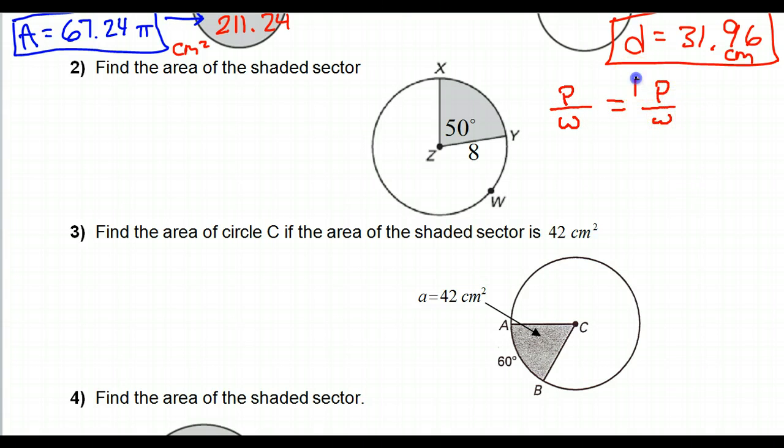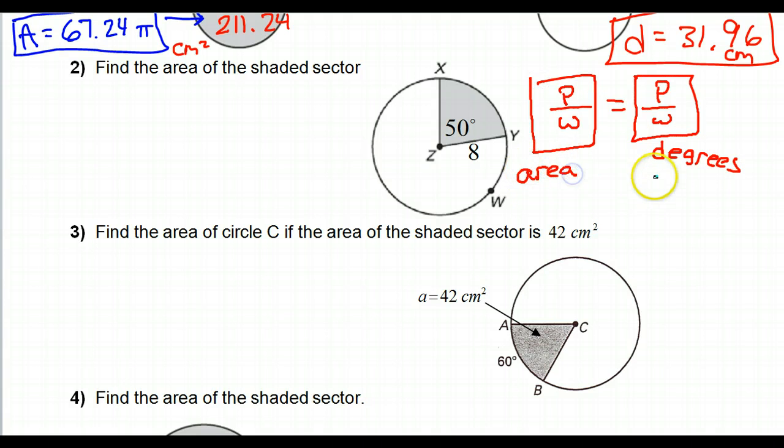Okay, and of course we know that this side is degrees. And we know that this side is area. Okay, so we're doing part over whole degrees. When we're talking about degrees, the whole is always the same. It's always 360.